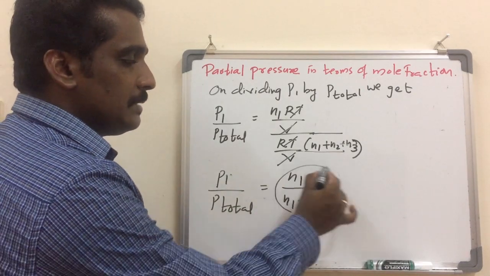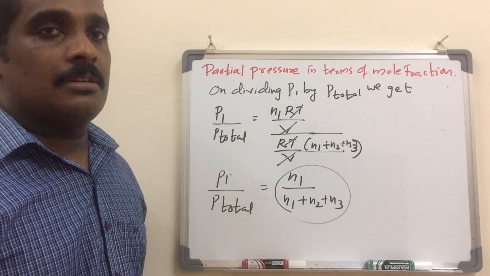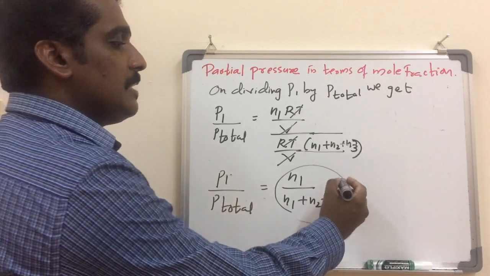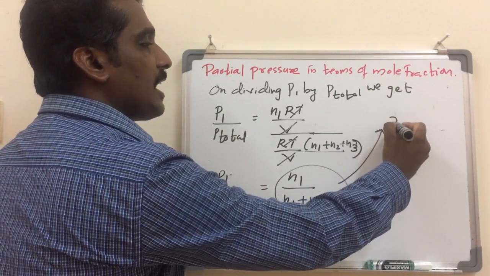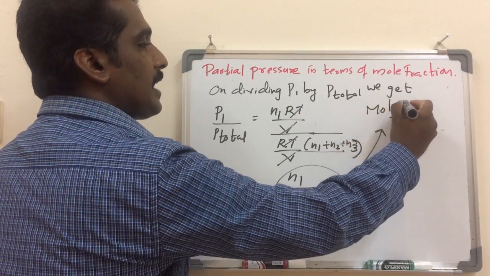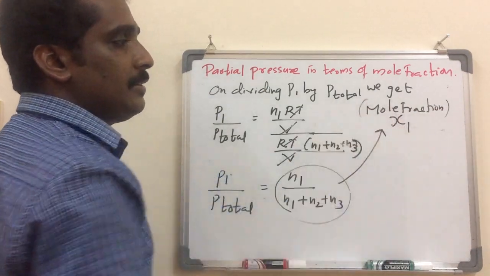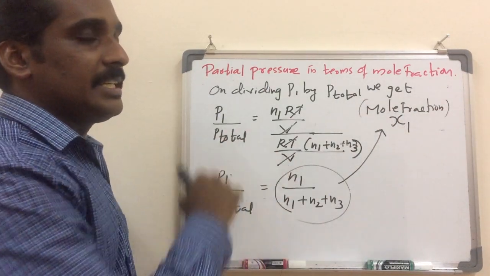Do you remember this term? You learned this term in the first chapter. This term corresponds to the mole fraction of the first component. X1 is the mole fraction of component 1, the mole fraction of the first gas.